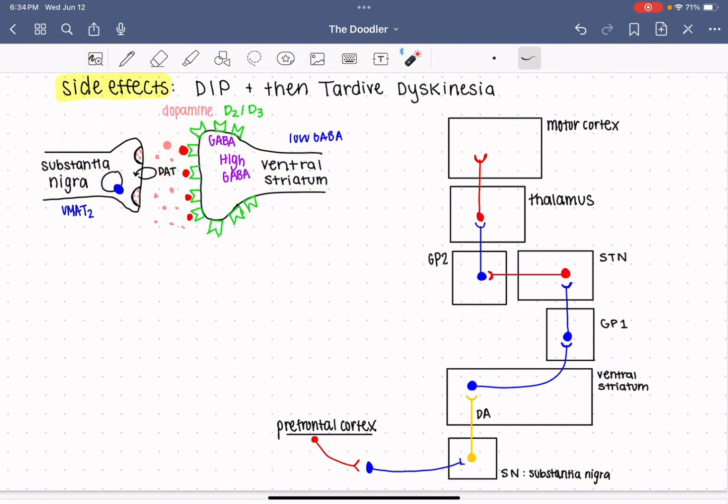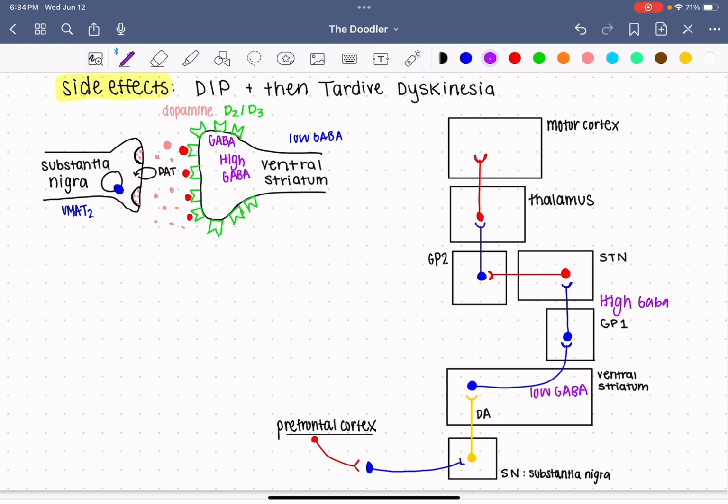So we have dopamine coming in and binding to the D2 receptors, which is going to cause inhibition of GABA. So this is going to result in low GABA. We went on up to the globus pallidus 1. If you have low GABA, it's not going to be inhibiting the next GABA, so there's going to be high GABA.